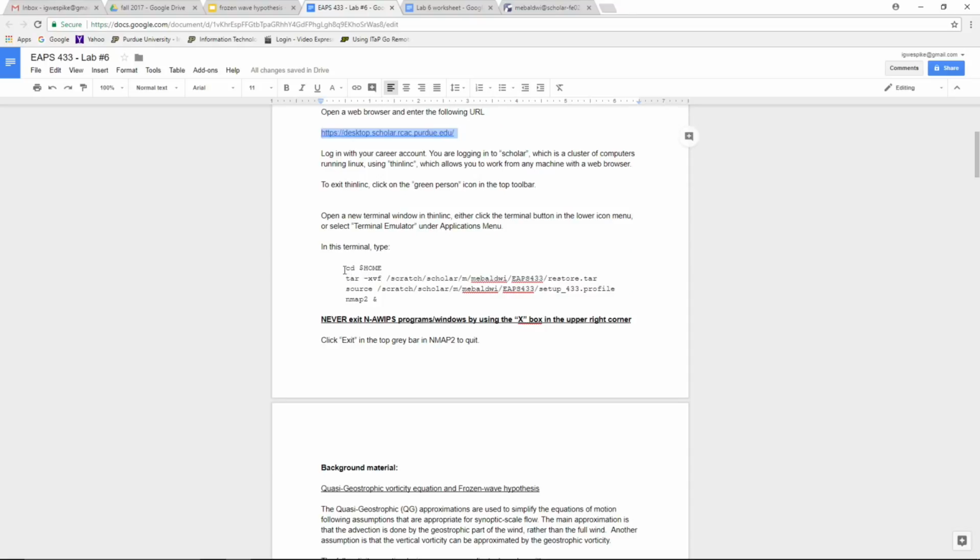The main instructions will show up in this different font here. Things you need to type into terminal in order to do the tasks for the lab.